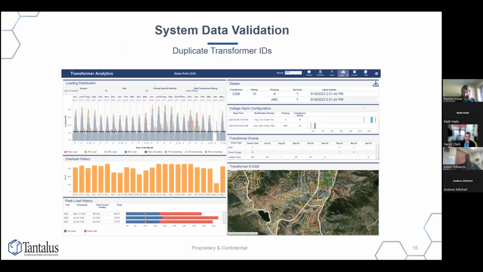A couple of the other things that became much more visible once we had the analytics up and running was another level of system data validation, more from a data management perspective, especially on system data.